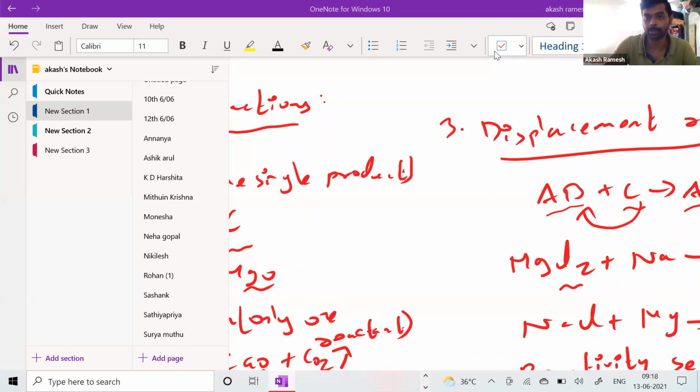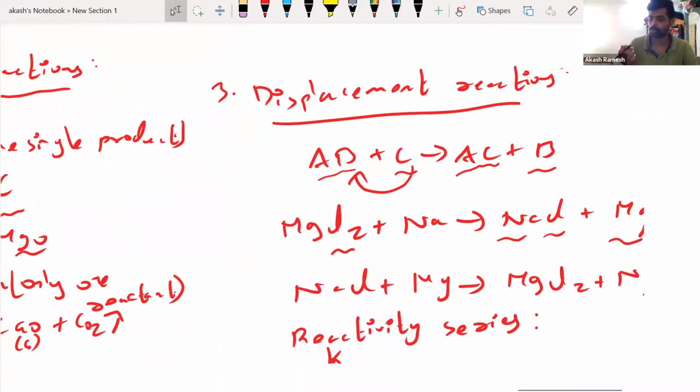Okay, fine, we continue. Now it's a little better. So what I was telling is, I was talking about this reactivity series. Potassium is the most reactive element.